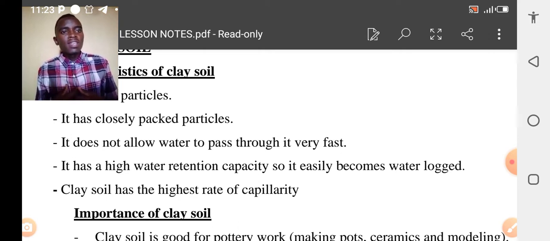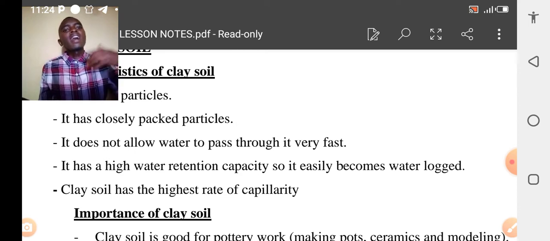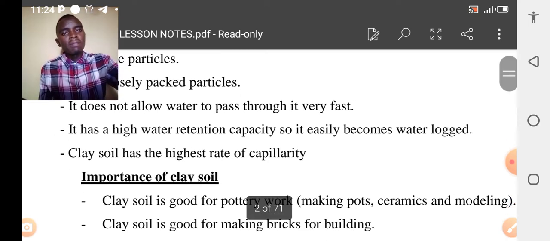Means that if your clay is wet, you can't add water. Clay soil has the highest rate of capillarity. Yeah, it has the highest rate of capillarity.